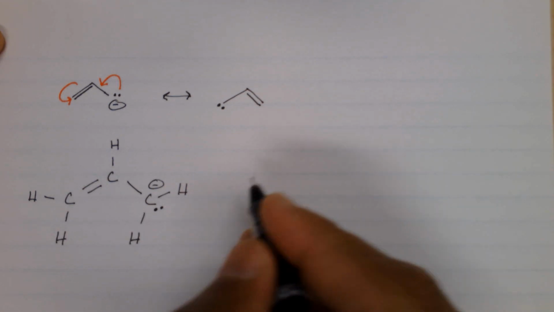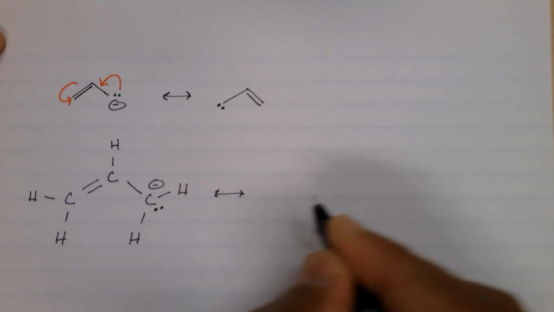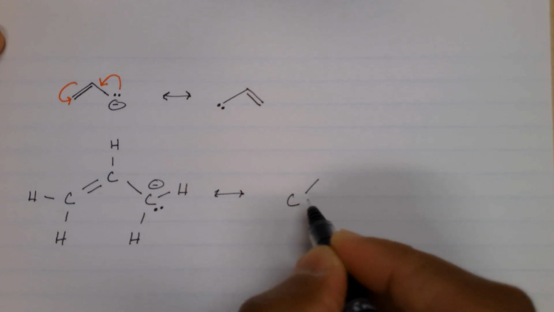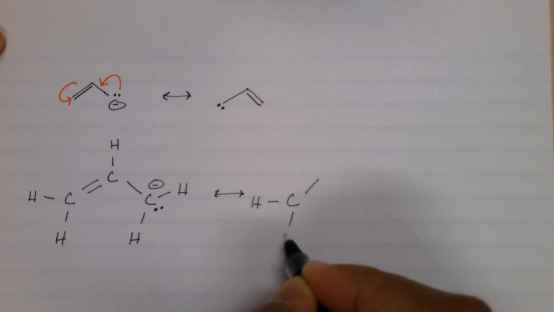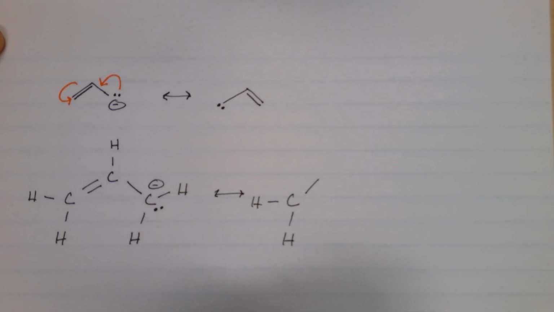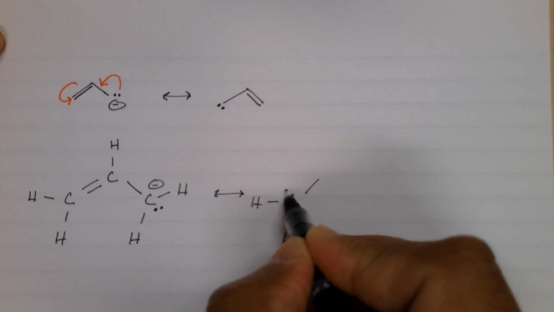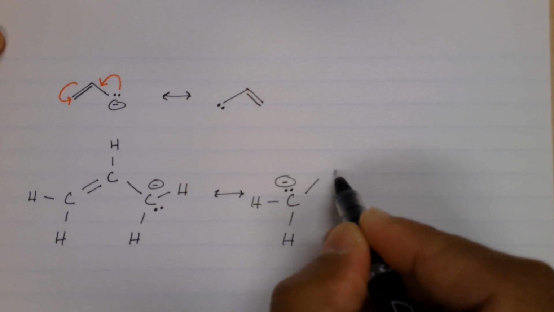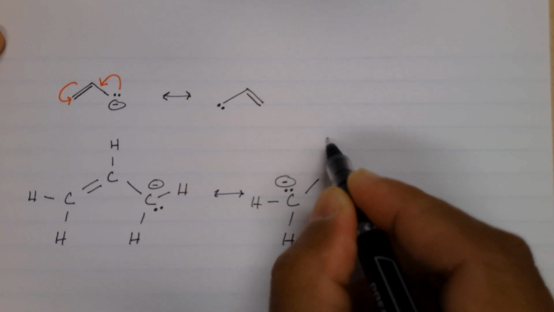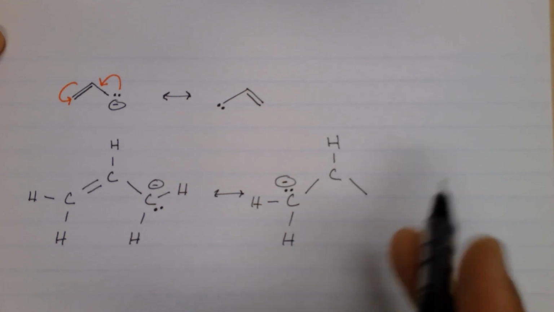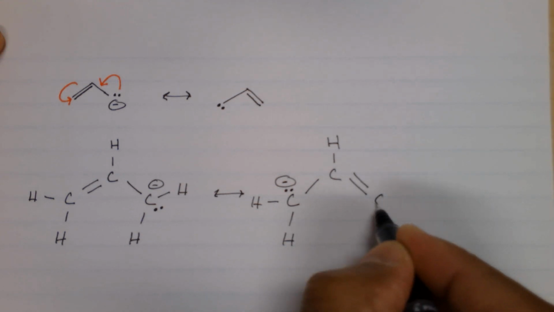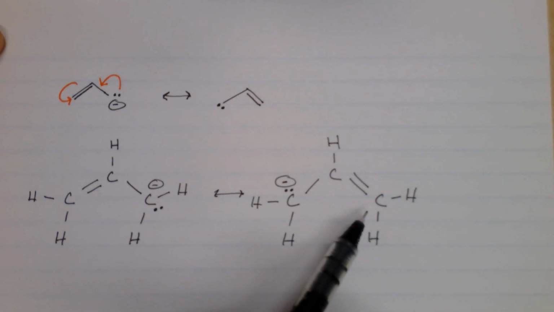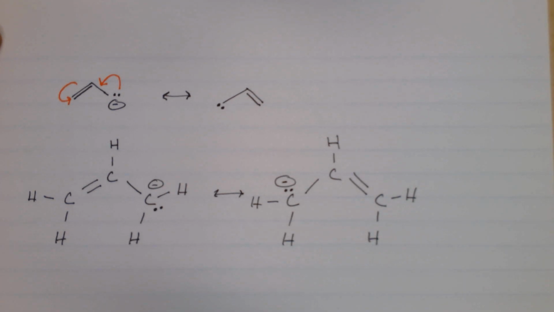And so by moving those electrons, the carbon at the end over here has the single bond, still has those 2 hydrogen atoms. Remember, one rule, never break sigma bonds. Now we have a double bond here and still 2 hydrogens. So that last carbon now becomes a formal charge of 0.